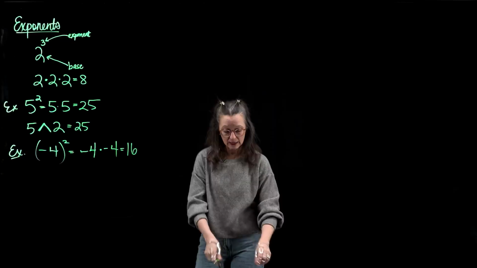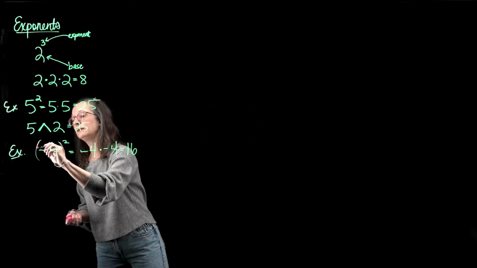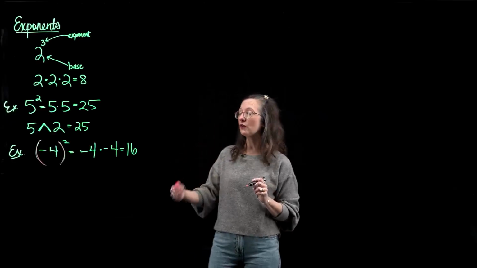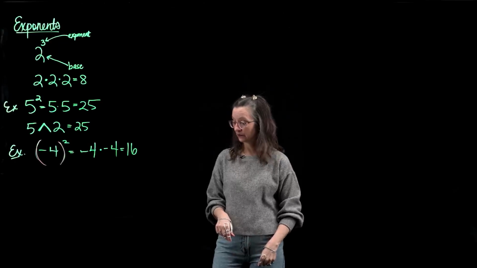So if you put that into your calculator, you want to be really careful that those parentheses go around the -4 to show that the negative is also squared and not just the 4.